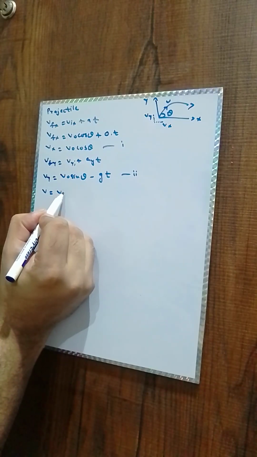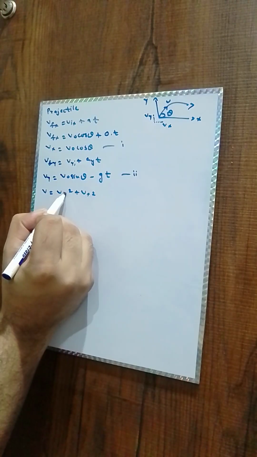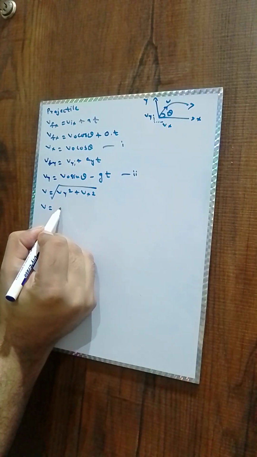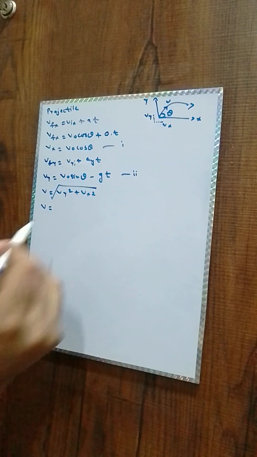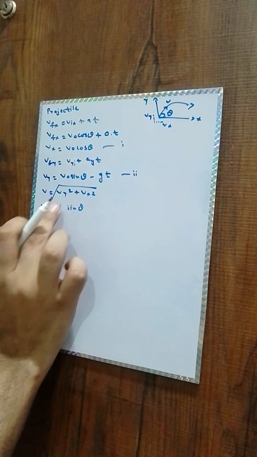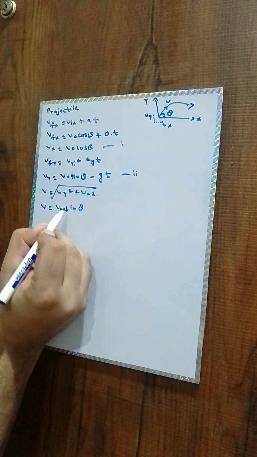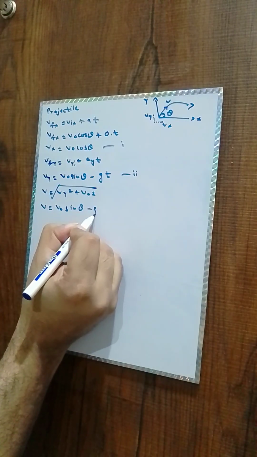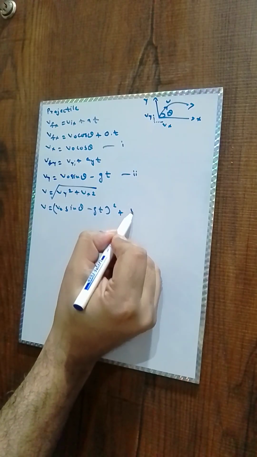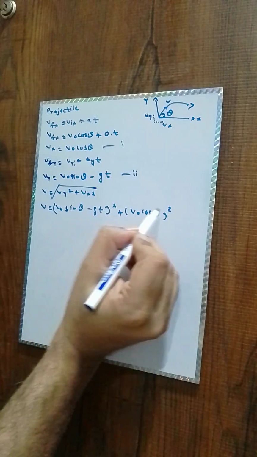And from the Pythagoras theorem, we know that v is equal to the root of Vy square plus Vx square. Yes, so V is equal to the root of (V naught sine theta minus gt) whole square plus (V naught cos theta) whole square.